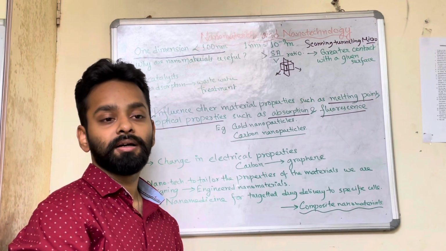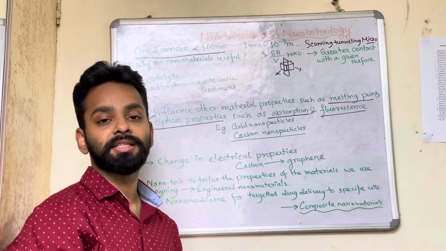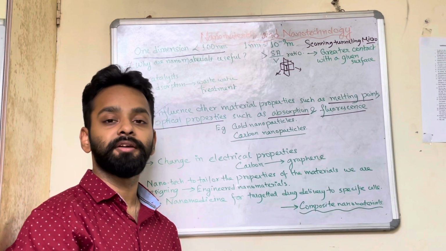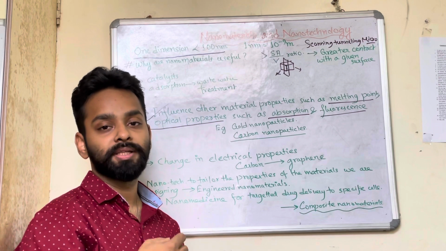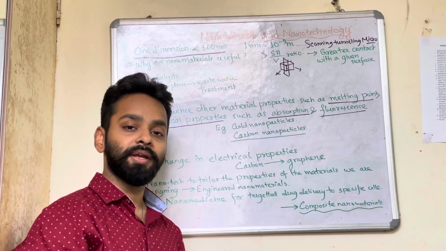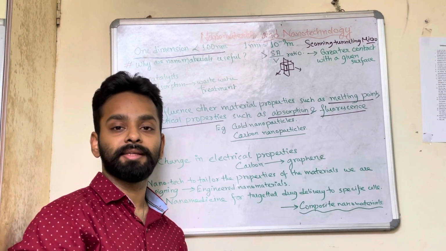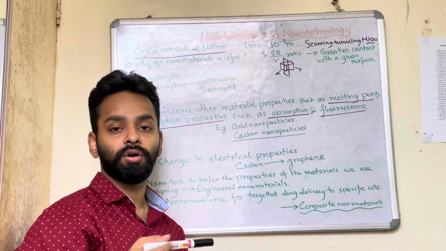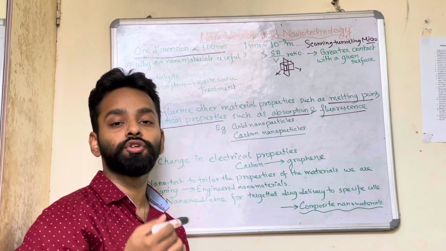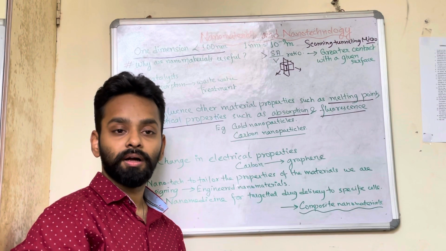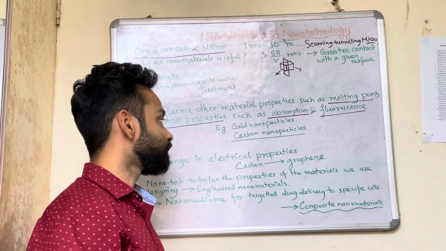This dramatic change in the optical properties of a material from its bulk to its nanoscale enables nanomaterials to be used as tools to visualize certain conditions such as tumors.